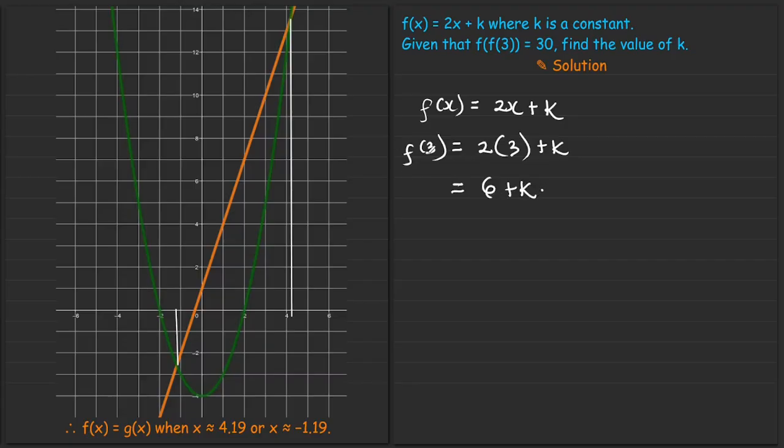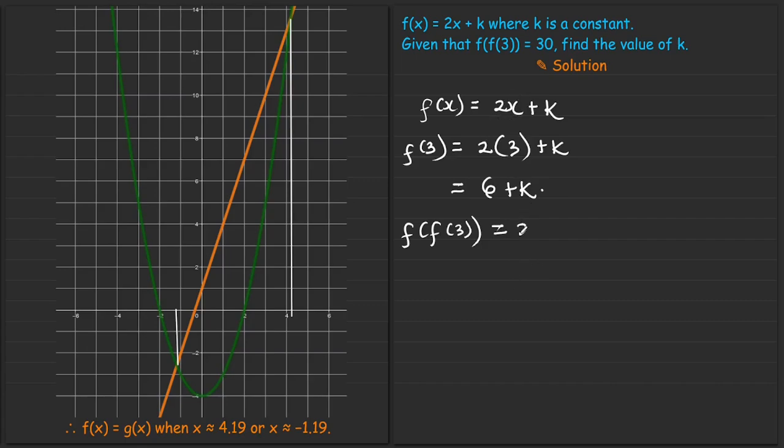After finding our f of 3, we are being told to input it into what? The function again. That is what f of f of 3 means. So let's put the whole of this in place of what? x.